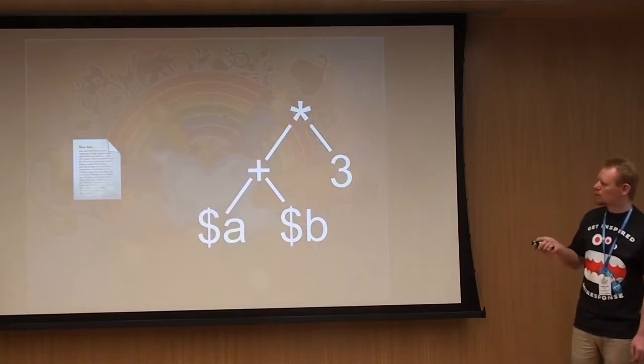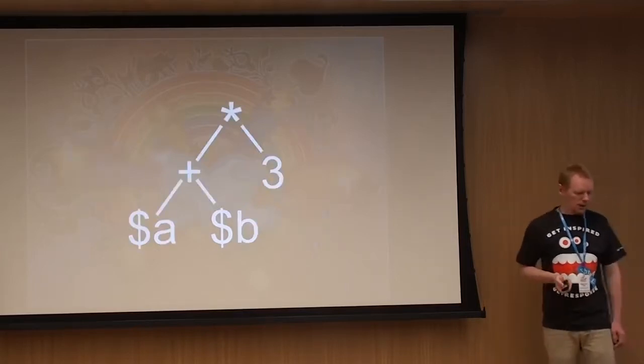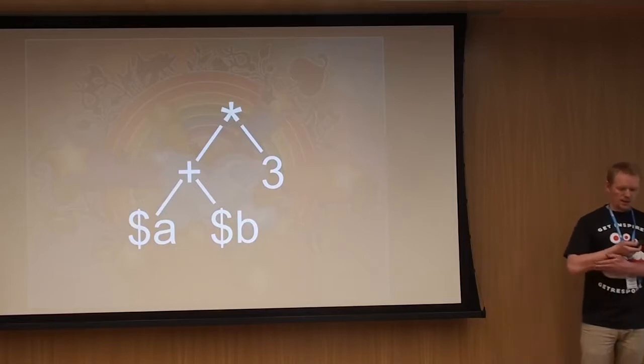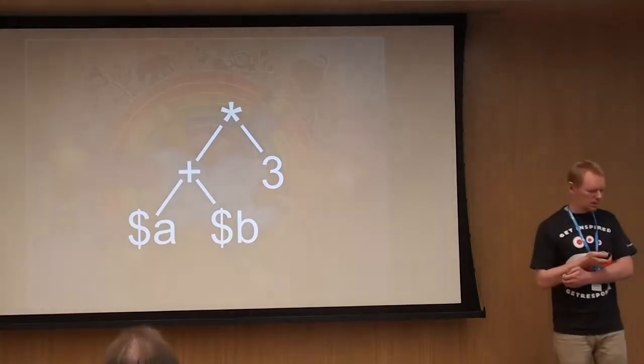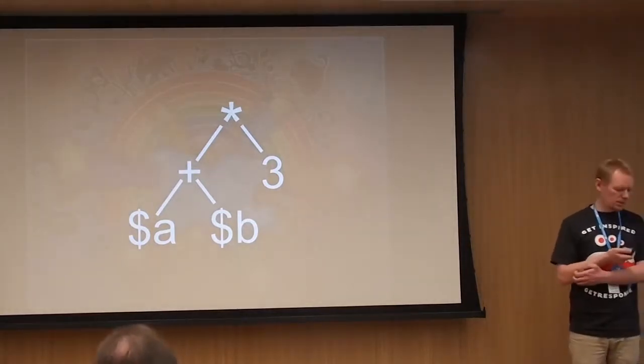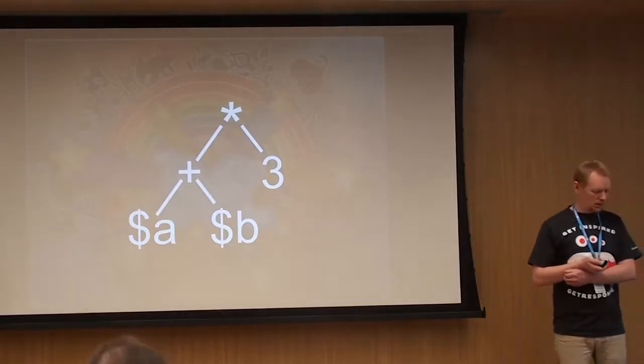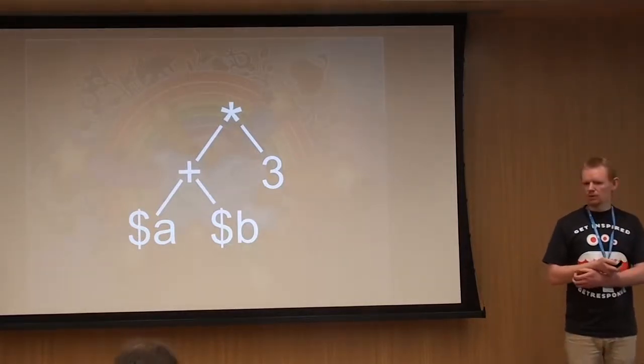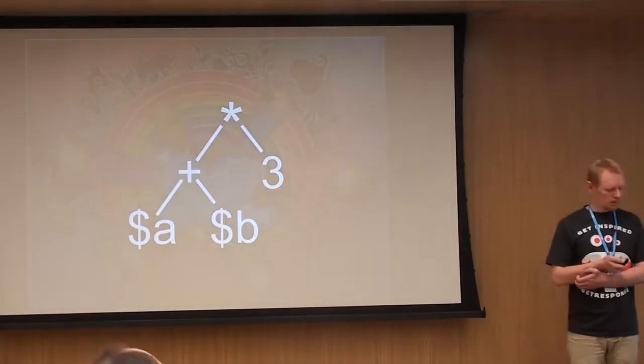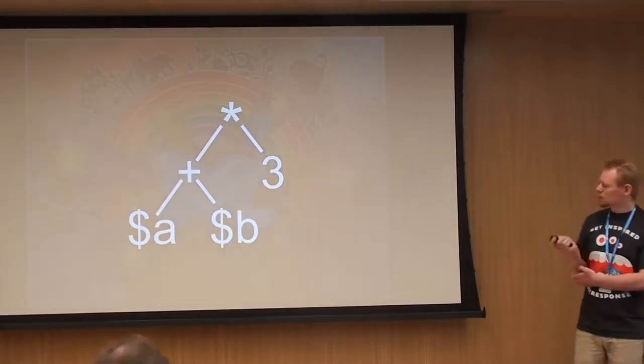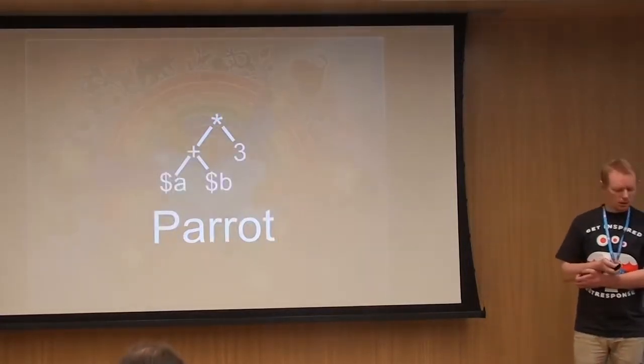Okay, so far so good. We can turn this into this. And the nice thing about this AST for Perl 6 is that when the v5 module produces an AST, it's not only an AST for Parrot, it's always the same AST. It's called QAST.